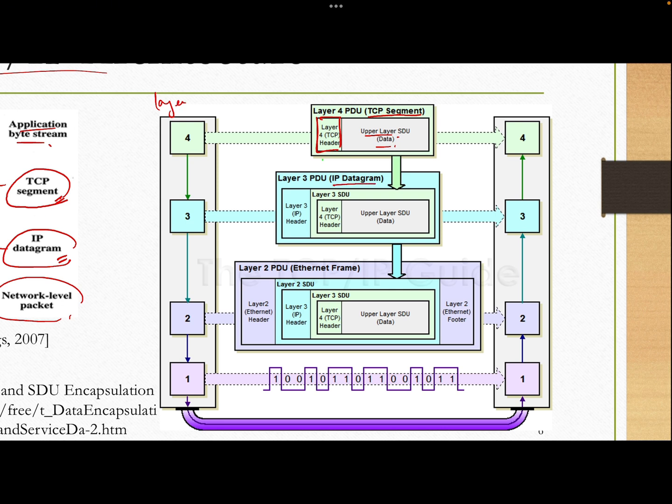For the IP datagram, the whole green part goes down and you add the IP header. At layer 2, you have the Ethernet frame, since we use a LAN here. We can use a wired network also, but if it's Ethernet, it's called a frame. Here you have a header and a footer, because in the LAN they have a header and footer. Anyway, the whole blue part goes down.